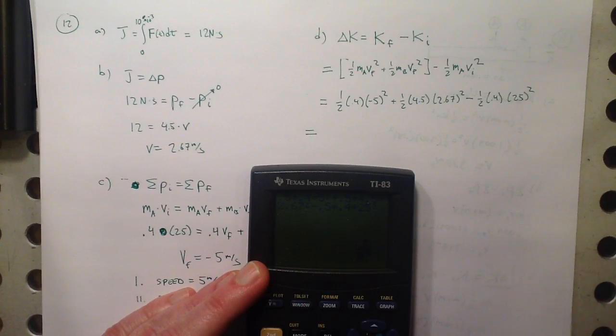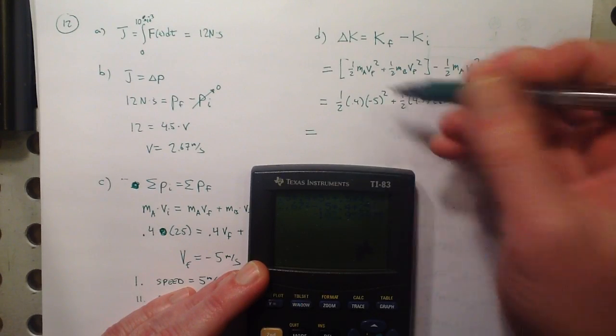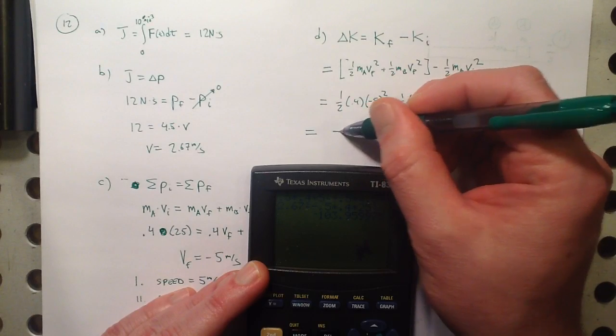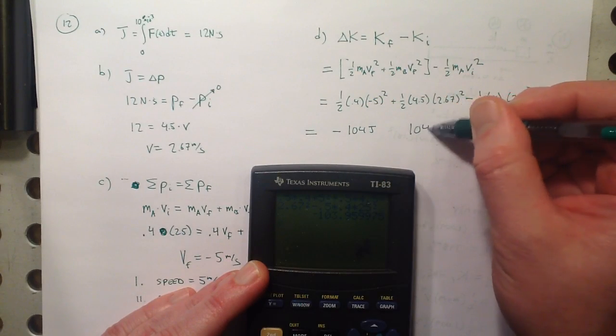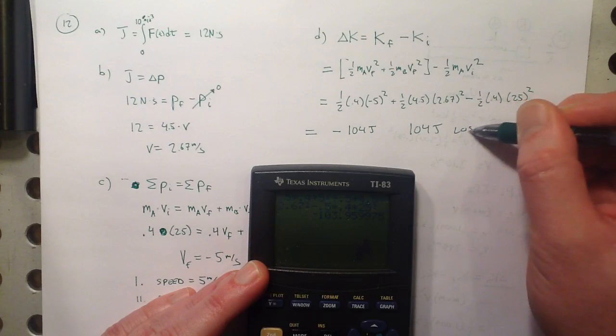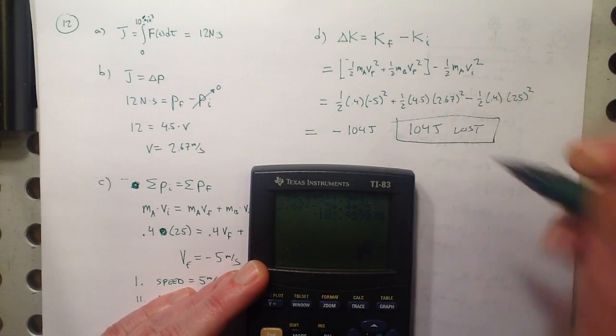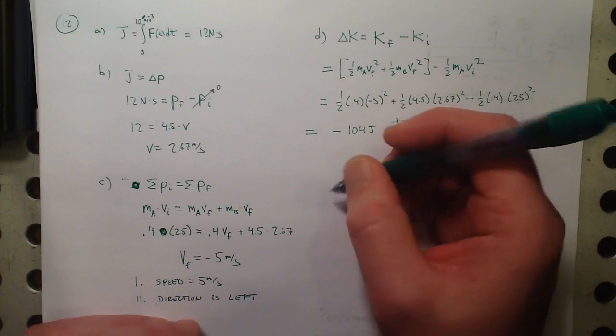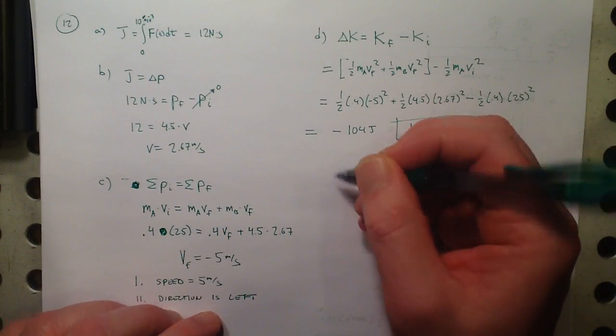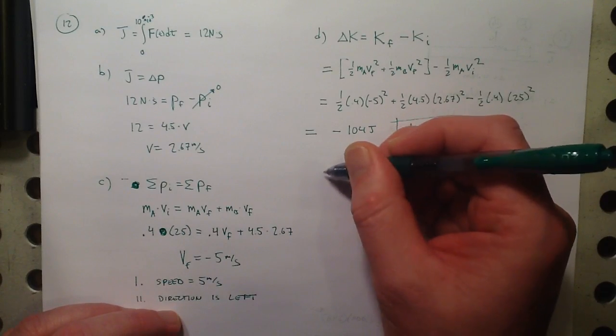Looks like I got it in there right. Expecting a negative number. So it's a negative 104 joules. So 104 joules of energy lost in that collision. So it was not a perfect elastic collision. Kinetic energy was not conserved.